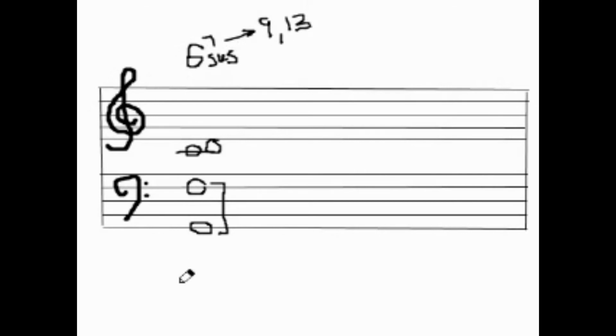Well, let's take a look at this. The sharp 11, if we did add a sharp 11, is C sharp. The 11th is C, so we already have it in the chord. Possibly you may see a chord symbol G11, and that might mean a G9 sus chord or 13 sus chord or whatever.